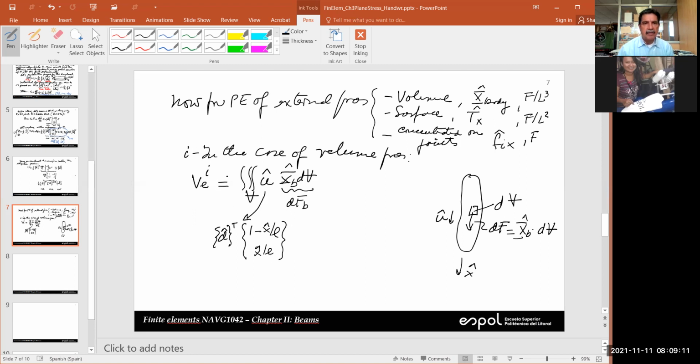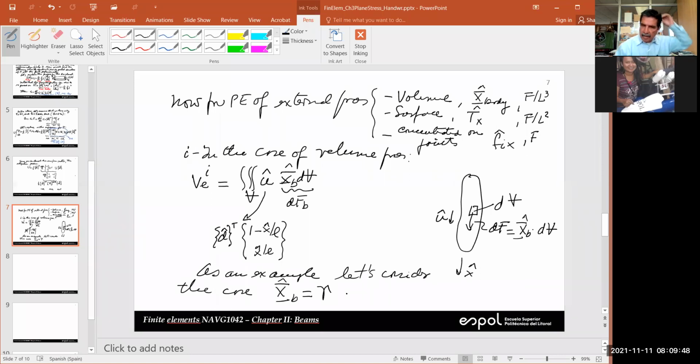So we can take this out of the integration because it's just the values of the displacement at the joints. They don't change with the position inside the element. Now, let's consider as an example the case where this is the body force per unit volume, and let's call it gamma.